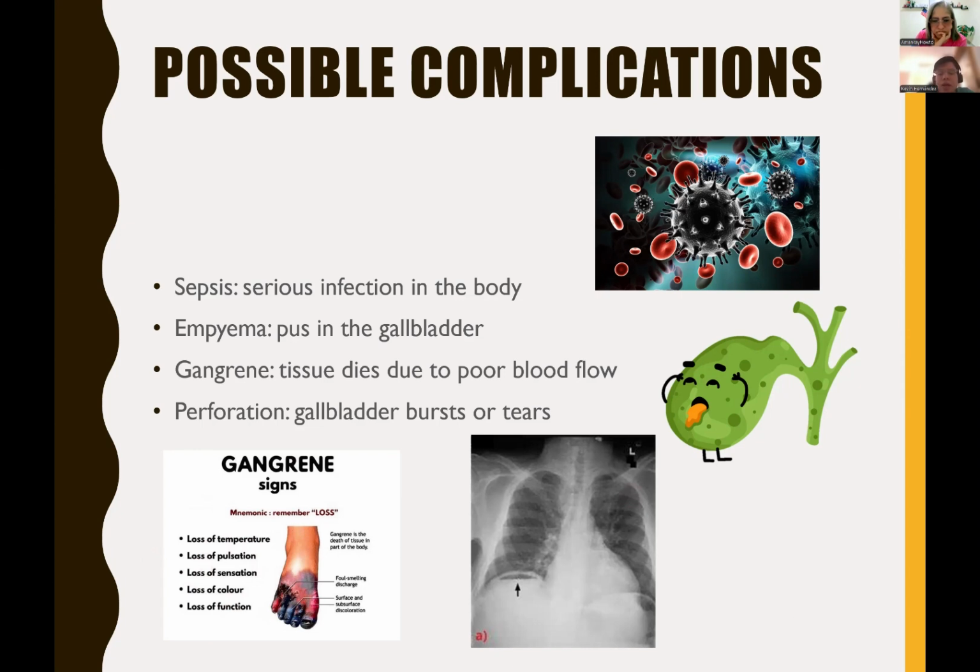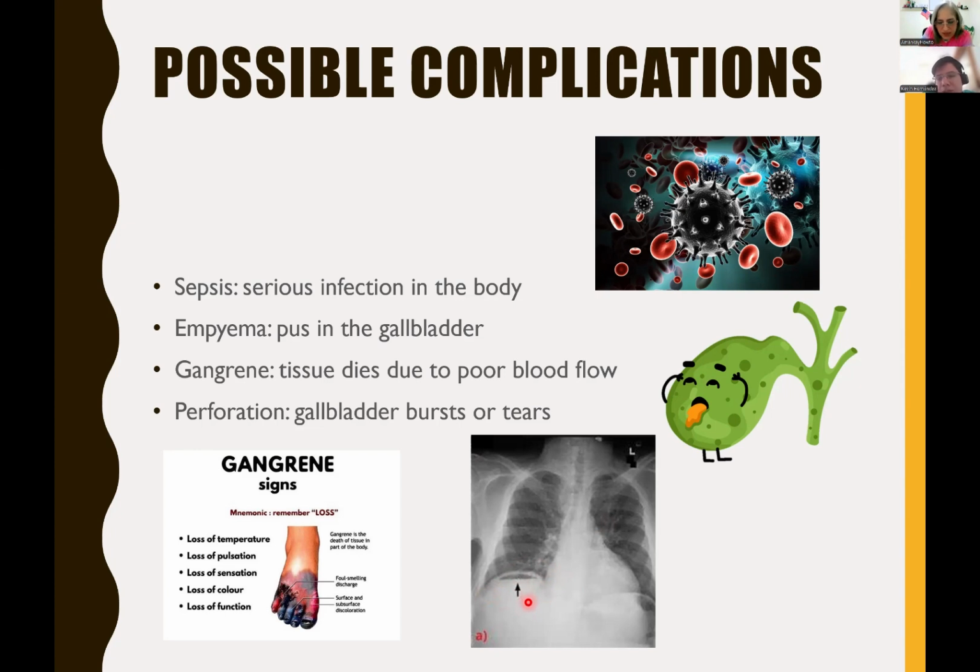Perforation is when the gallbladder bursts or tears, spilling its contents inside the body. In this image, I don't know if you can see, there's something under the diaphragm that shows something dark, like a shadow.